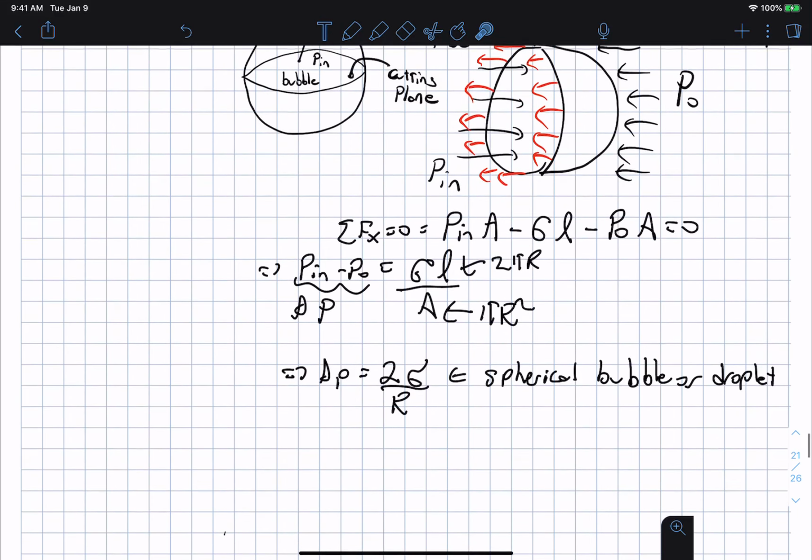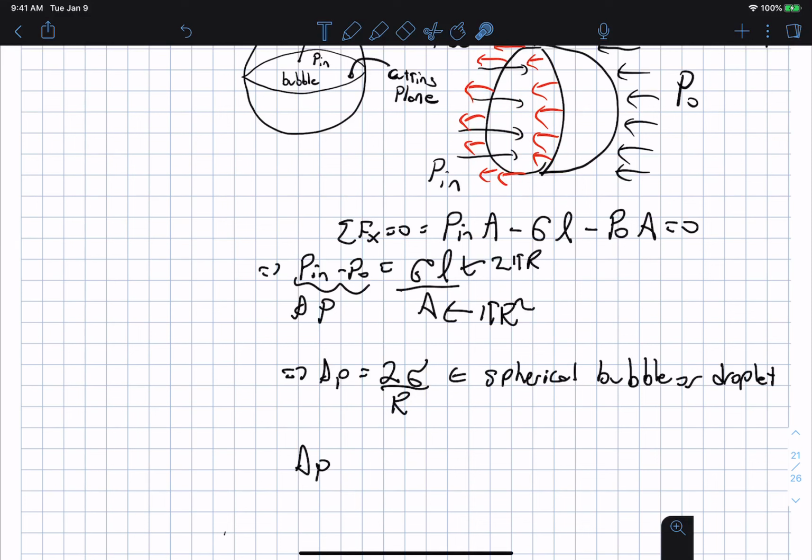That's just how that is. And that net pressure force, because the pressure is higher, is being balanced by this extra surface tension force that is trying to hold the droplet together, or the bubble together.